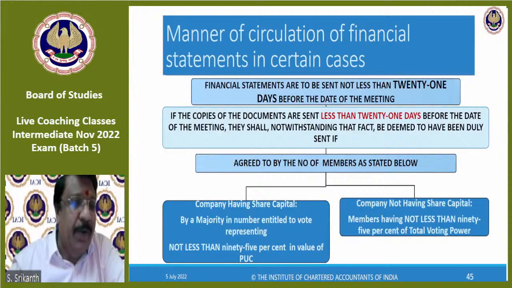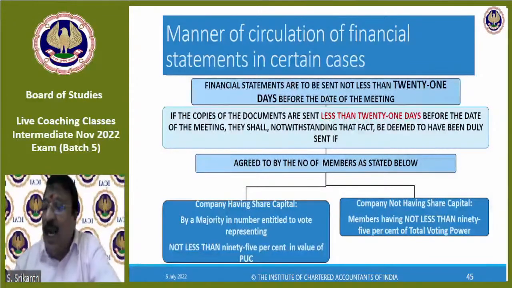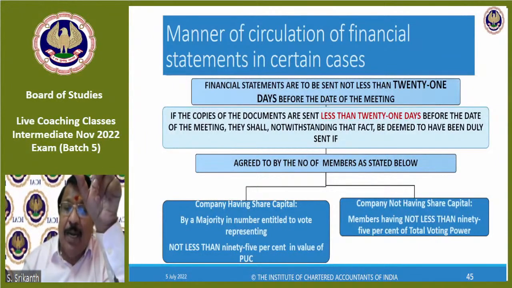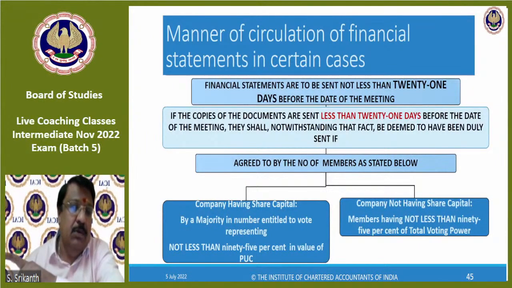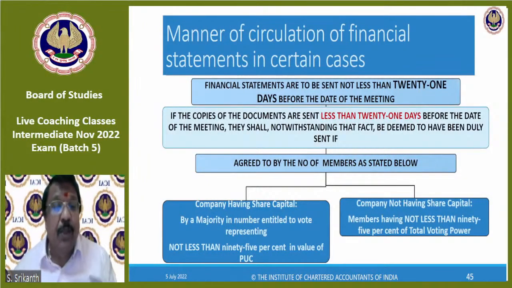So in the case of a company having share capital, by a majority in number entitled to vote, representing not less than 95% in value of the paid up capital. So two conditions. One, those agreeing should be a majority in number.